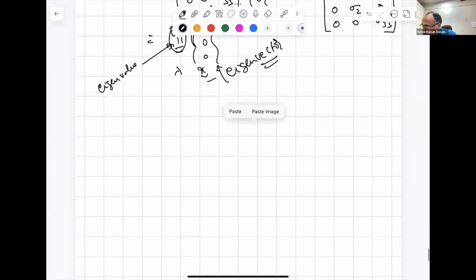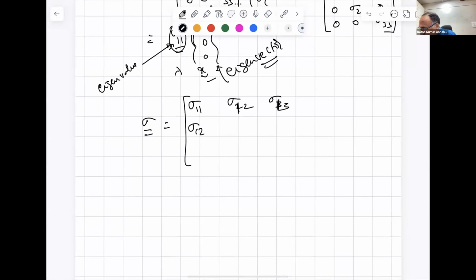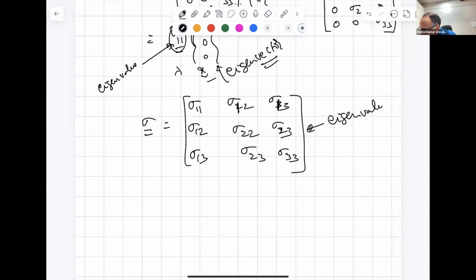So if I take my sigma with entries sigma 11, sigma 12, sigma 13, sigma 12, sigma 22, sigma 23, sigma 13, sigma 23, sigma 33, and find the eigenvalues of this matrix, then they will be sigma 1, sigma 2, and sigma 3.